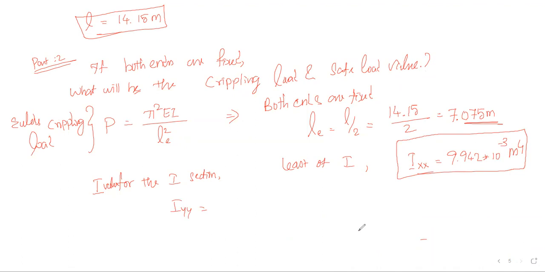So here separately we can calculate. Okay, 1, 2 and 3. Now the formula has been changed to b cube d by 12, so here the b cube value will change. This is 0.3 meter and this one is 0.05.